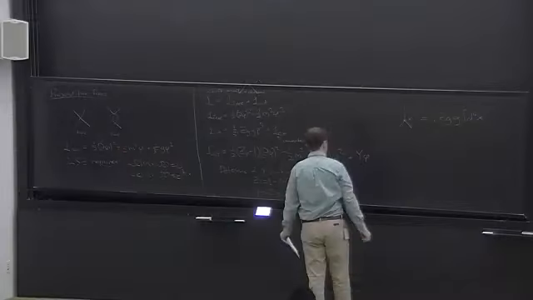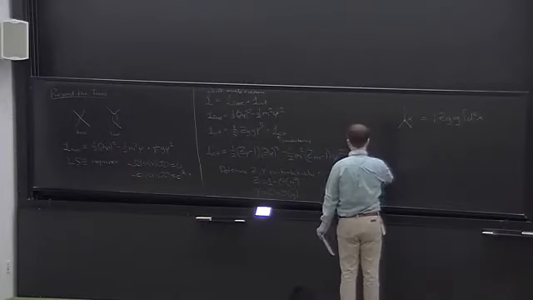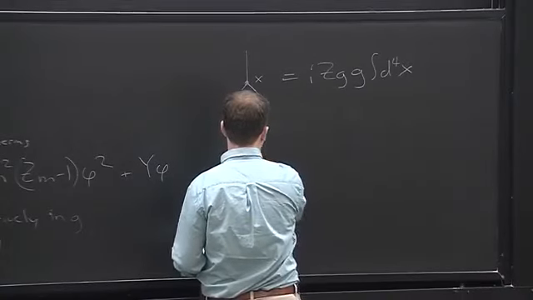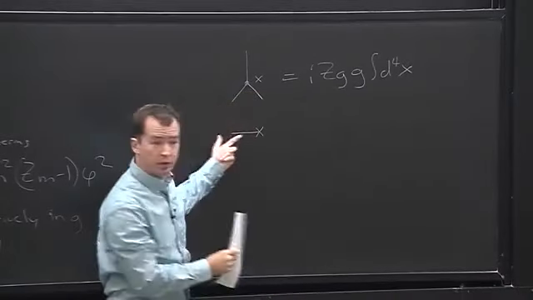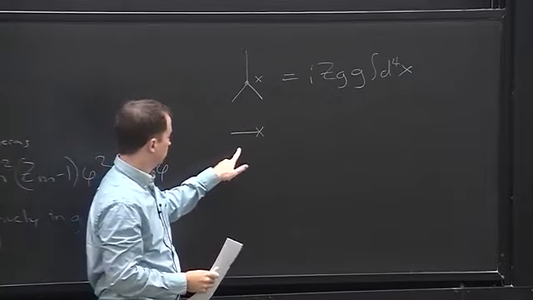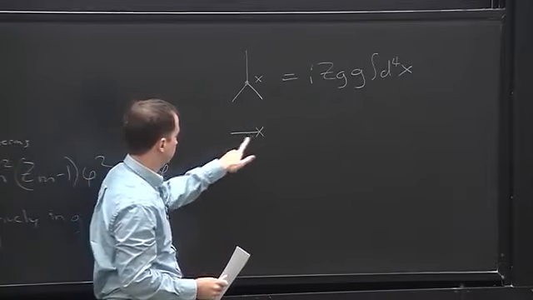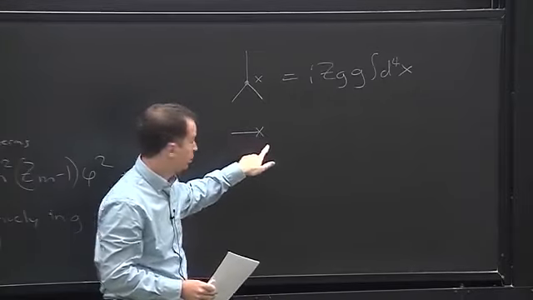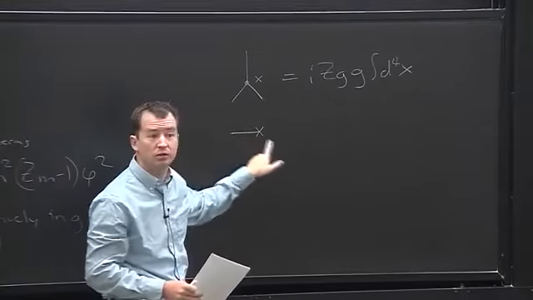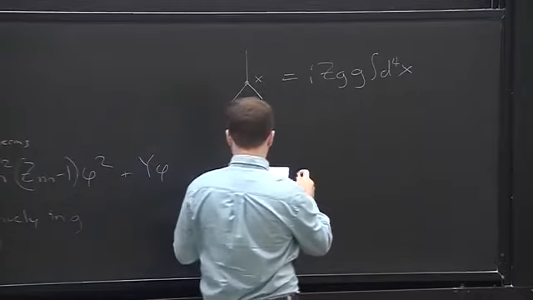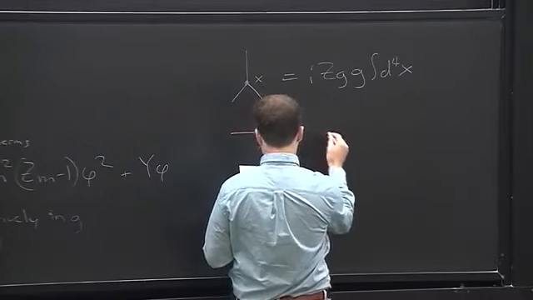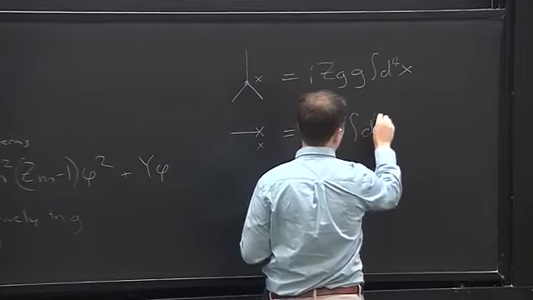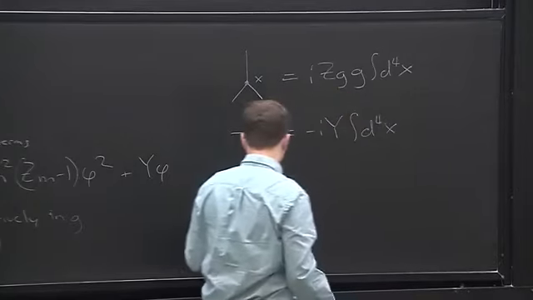We also have a linear term, which I'll draw like this. So this is a vertex with only one leg coming out of it. It looks a bit strange, but I'll denote the fact that it's a vertex, meaning an internal point, and not an external point, by putting an x on the end of it. And so the Feynman rule for this is iy integral d4x.